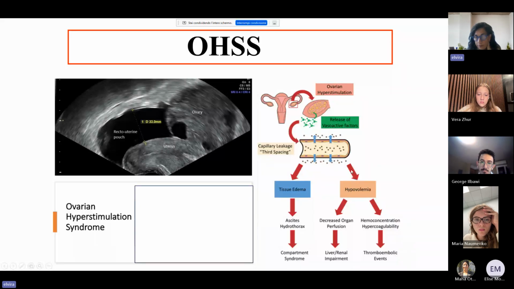On the other hand, you have a hypovolemia with a hemoconcentration and that can in turn determine a hypercoagulability that can lead, as you can imagine, to thromboembolic events.